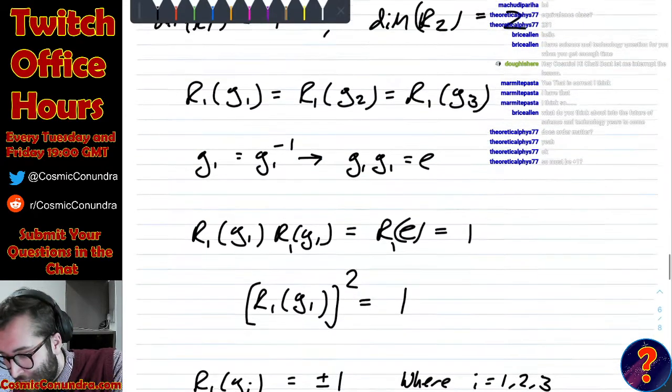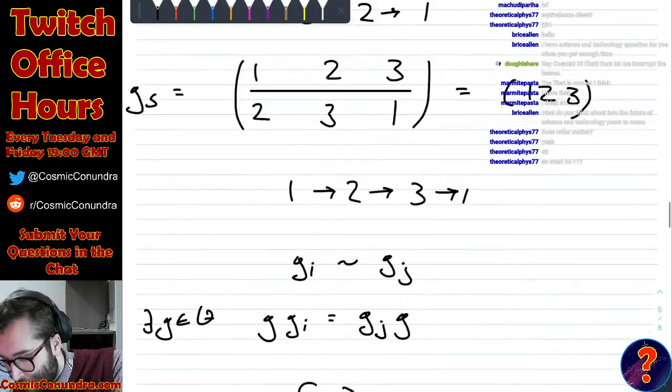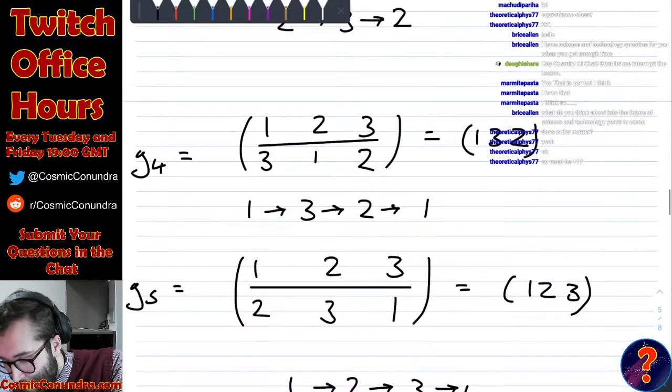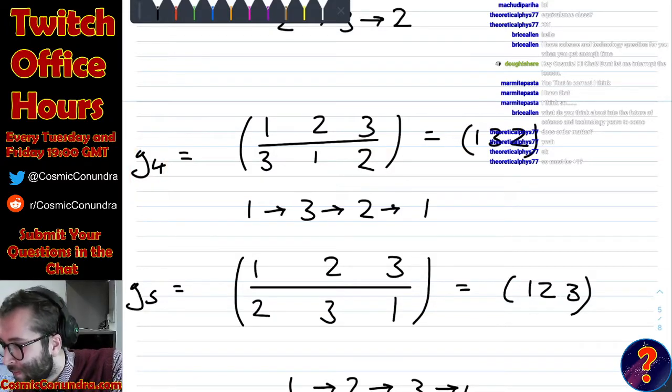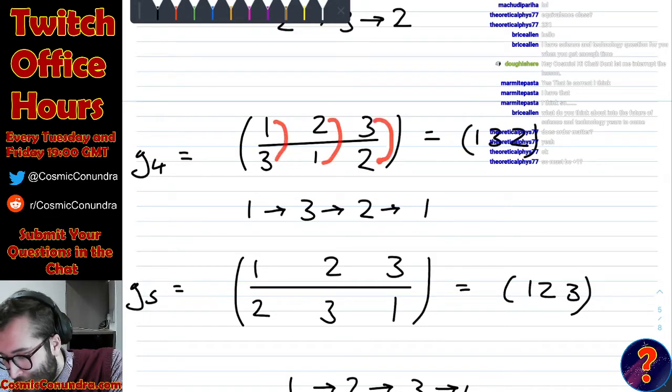You can show. So G4, if you do G4 to itself again, so if you do G4 squared, that again gives you E. Okay, so here doing G4 once, we've taken 1 to 3, 2 to 1, and 3 to 2.